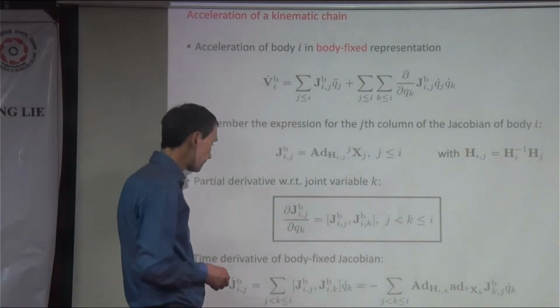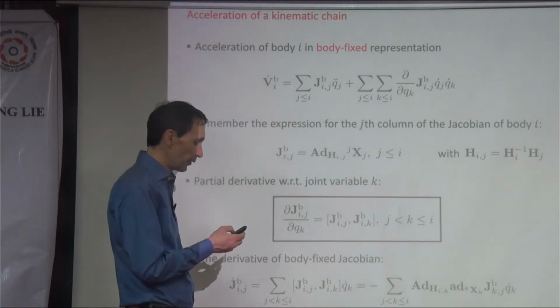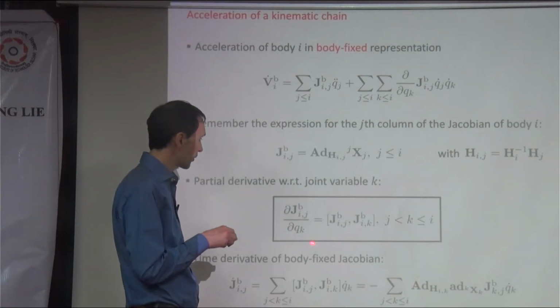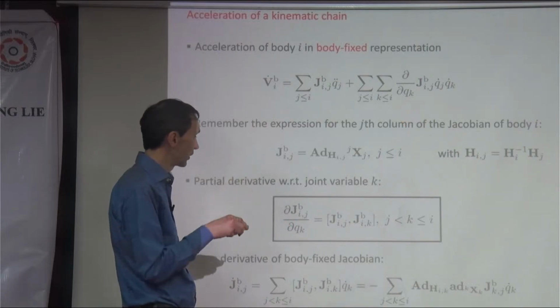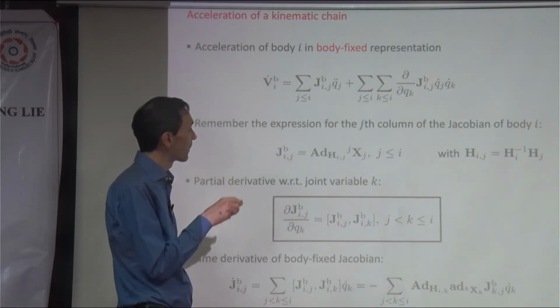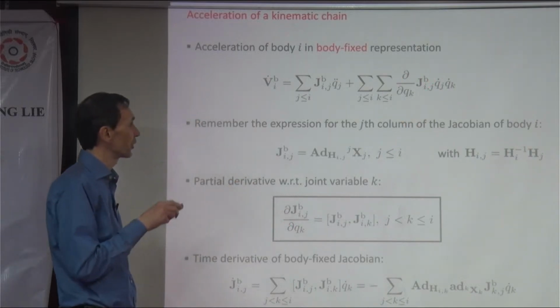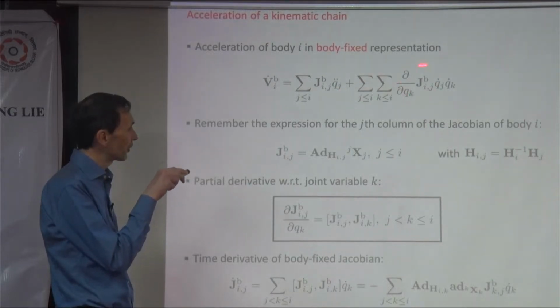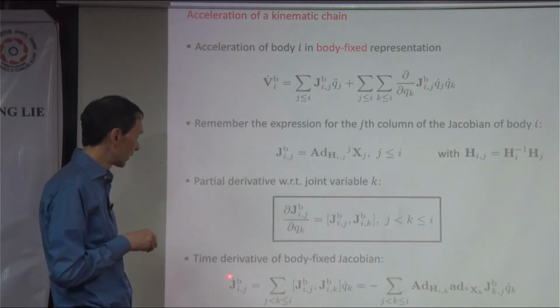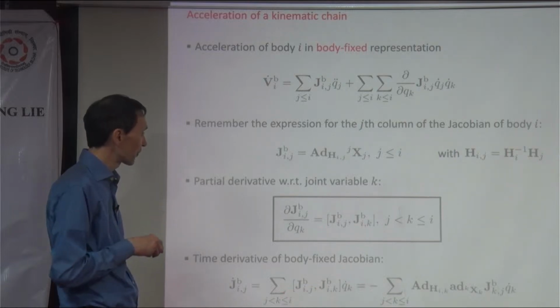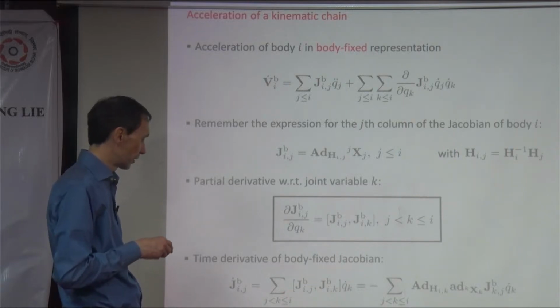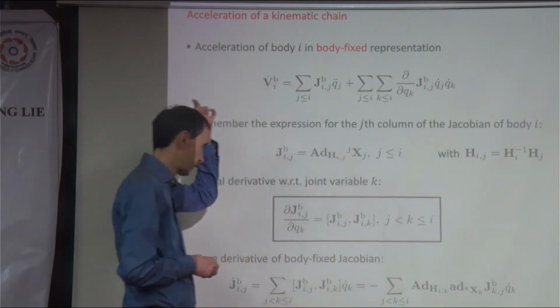Now, if you sum up the partials, you get the time derivative, because essentially what we had here was an expression for q dot, and that is simply the sum of all these partials times q dot k.